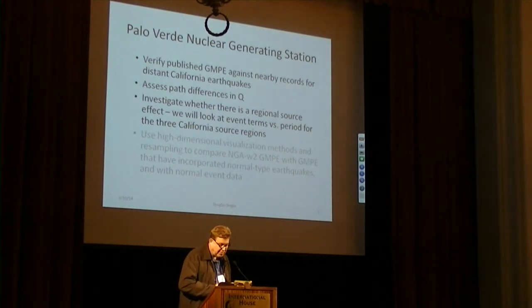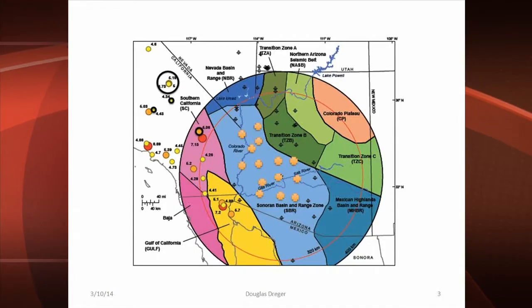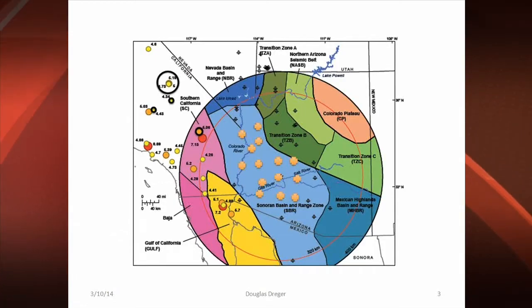The other thing that we've done is to assess path differences in Q for sources coming from the west, the large magnitude California earthquakes. And as Norm pointed out, we're going to investigate whether there is a regional source effect. And he mentioned the possibility of low stress parameter events in the Salton Trough, for example.